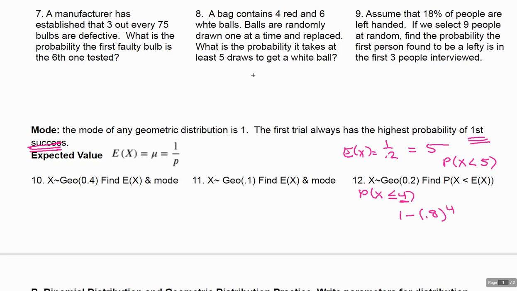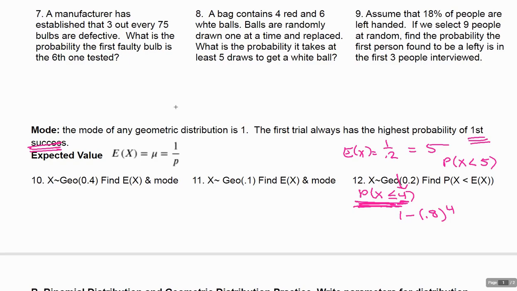Right. And from mistakes people have made in the past, it's always a great idea to rewrite it the way that you want. Because the one nice thing about the geometric distribution is this number is always going to be the power when we're doing less than or greater than. So then all you do is raise it to the power and subtract it from 1.